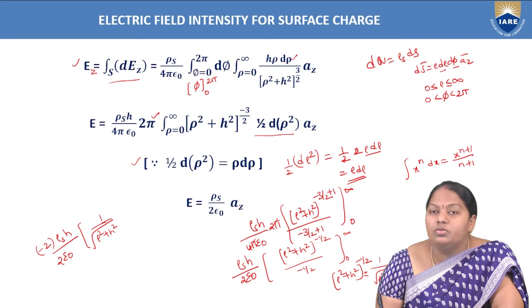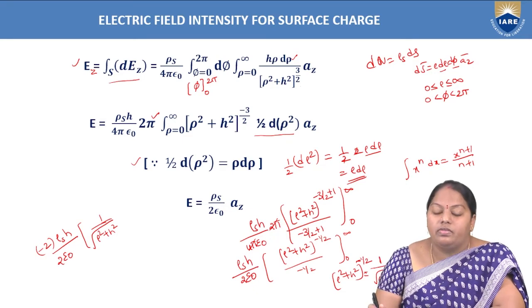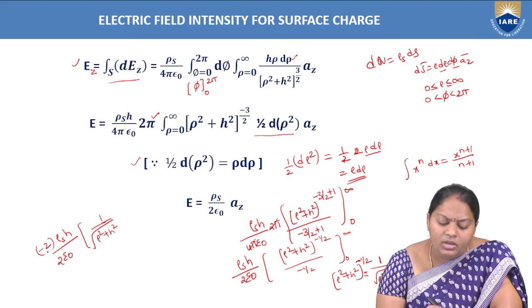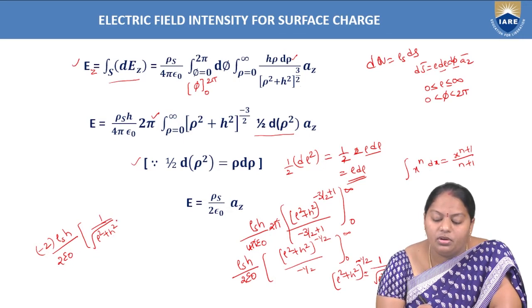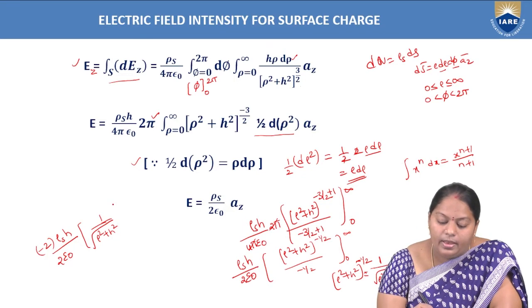The 1 by 2 is considered as a square root, and for the negative power we consider 1 by root of rho square plus h square. Hence minus 2 rho_s h by 2 epsilon naught into 1 by root of rho square plus h square. Then we substitute limits 0 and infinity.